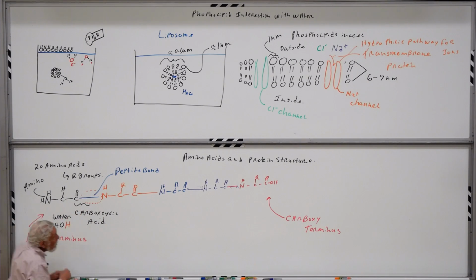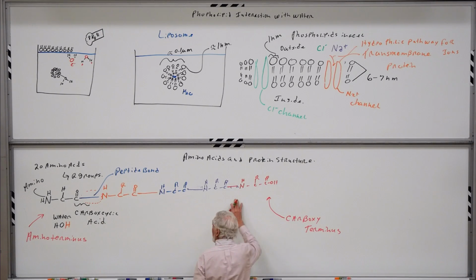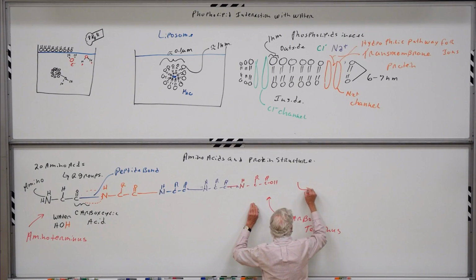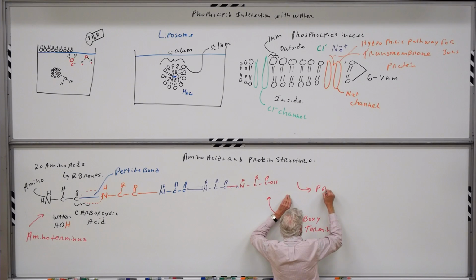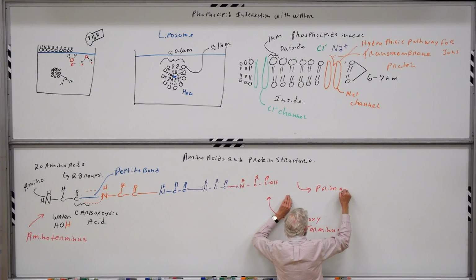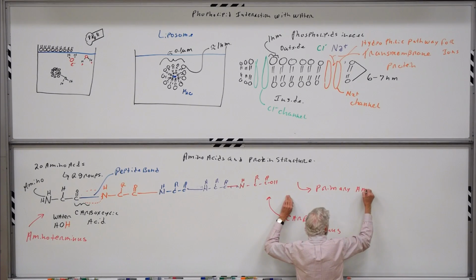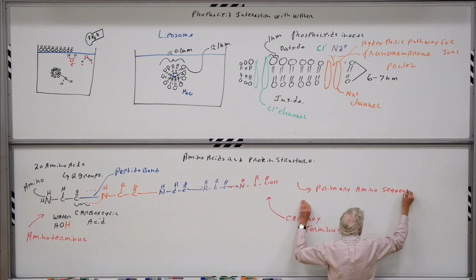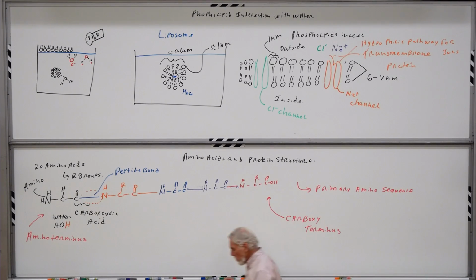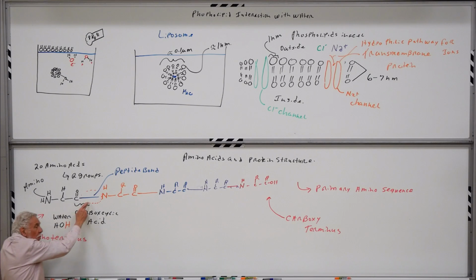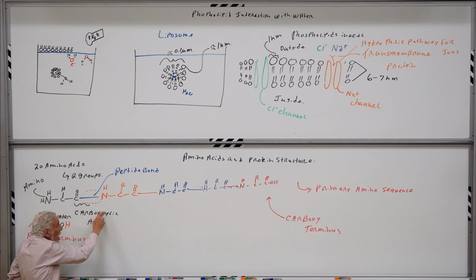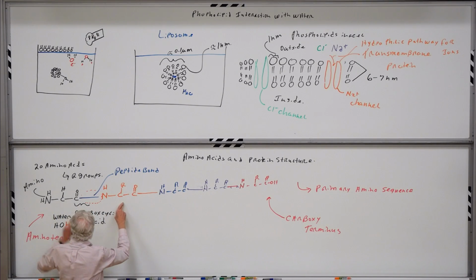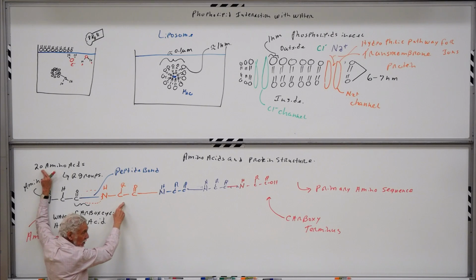The other point to make from this crude drawing is that this is said to be the primary amino acid sequence. So that at each of these peptide bonds, we can now link a new amino acid. We can choose any one of the 20.